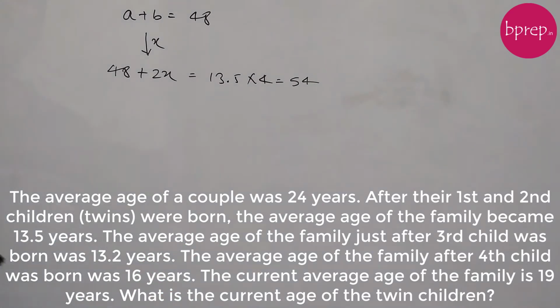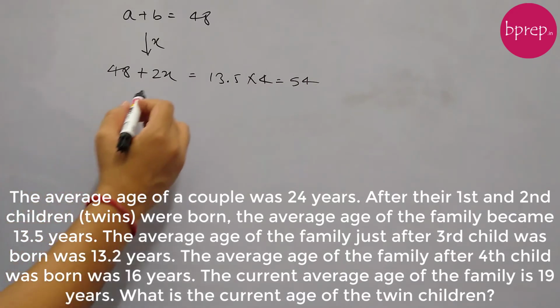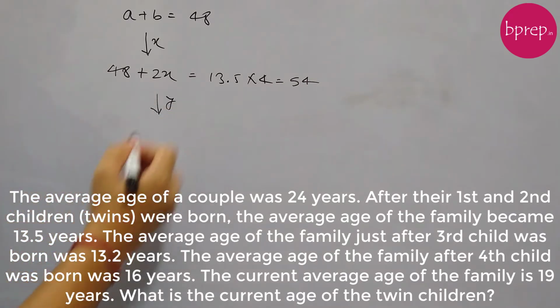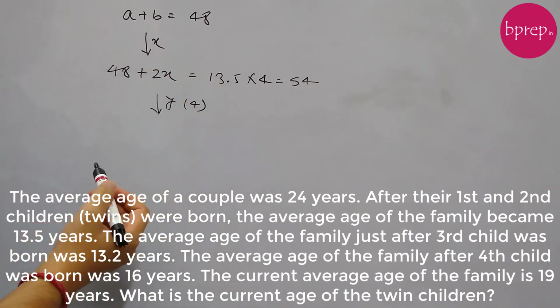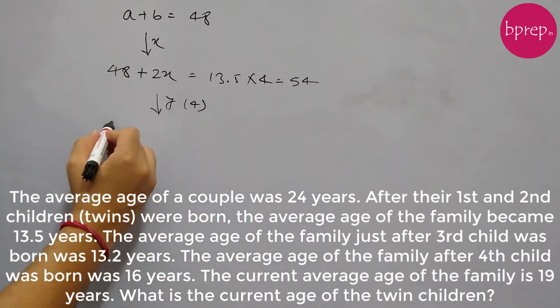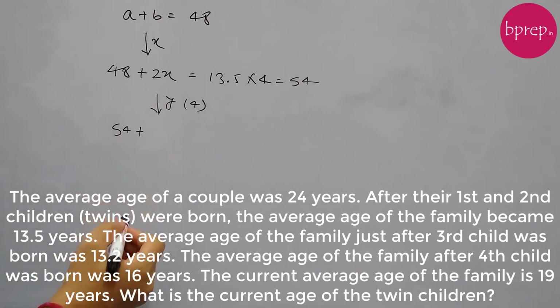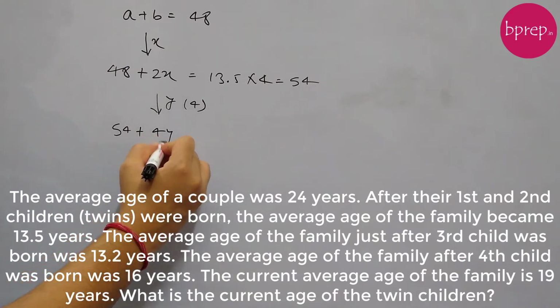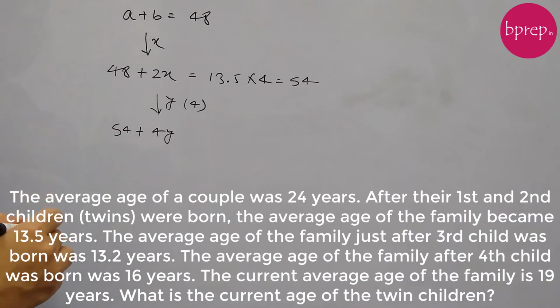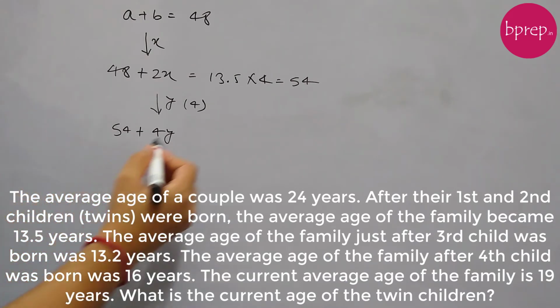Now next, the average age of the family after the third child was born was 13.2 years. So let's say after Y years, they got the third child. So when Y years have elapsed for 4 members, so till now there were 4 members, 2 twins and 2 in the couple. So 54 plus Y years has elapsed for 4 persons. So 4Y, and the newly born baby we don't have to count, because the average is calculated just after the third child was born.